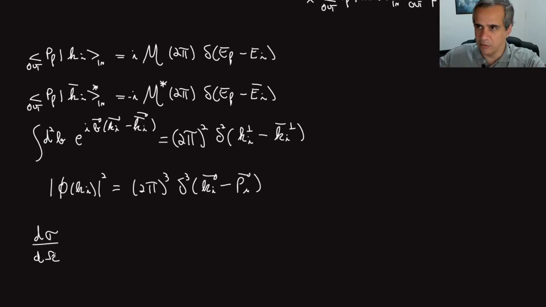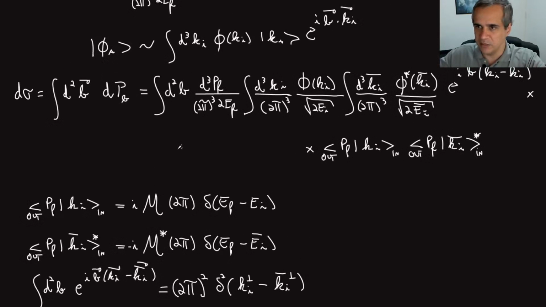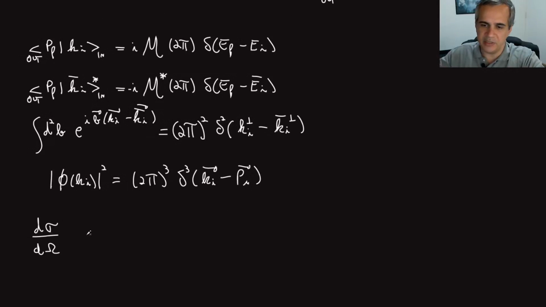The solid angle came from this d3pf, the final momentum. I separated it into the integral over the module of this momentum and the angular part, and the angular part is this d omega that is here.